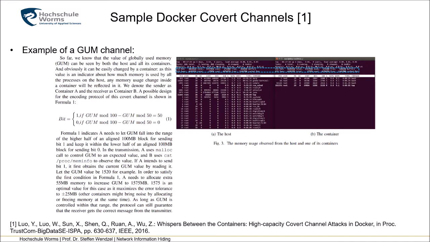This way one can easily transfer some bits in a rather short amount of time, because you can quickly allocate and deallocate memory. However, you also still need to synchronize sender and receiver.